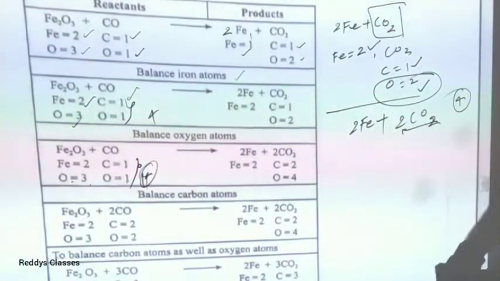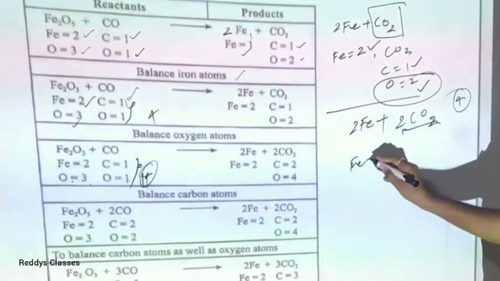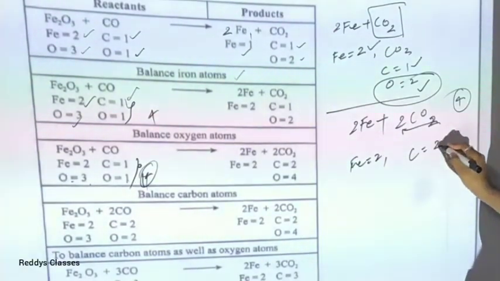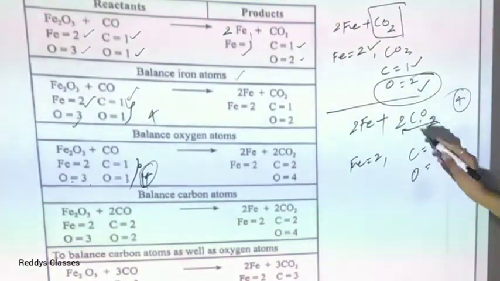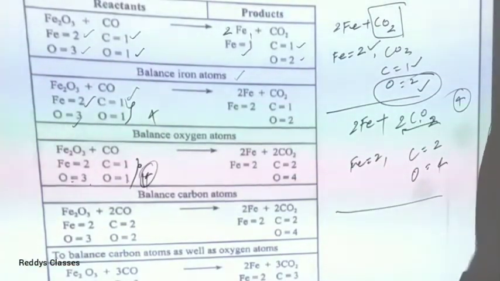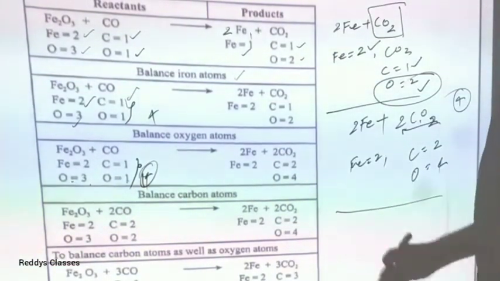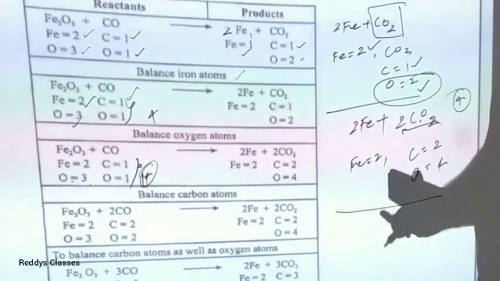So let us start balancing now. What I get is Fe2, C2, C is 1, 2 ones are 2, oxygen 2 times 2 is 4. Let us see the balanced chemical equation now. The balanced chemical equation, I multiplied it with 2.